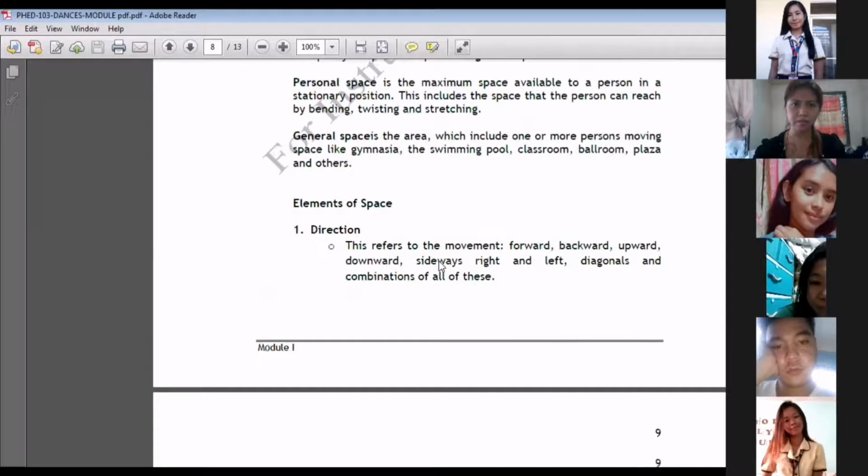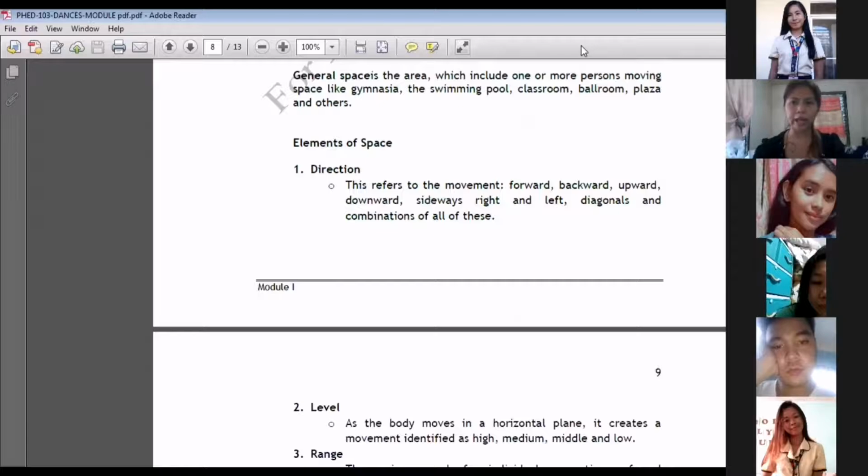Okay. I give you 5 counts, and then that means wala talaga. Everything is understood. 1, 2, 3, 4, and 5. Okay, I assume everyone understands all that we have discussed today.